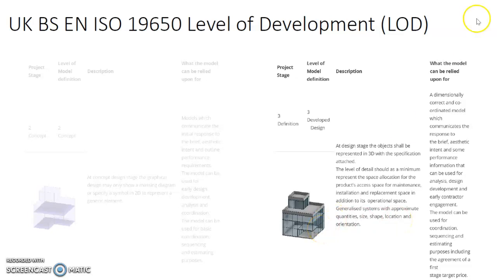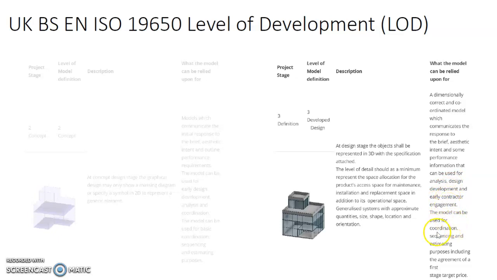So what can the model be used for when you are looking at this LOD 3 under the UK system? Well, it is a dimensionally correct and coordinated model which communicates the response to the brief, aesthetic intent, and some performance information that can be used for analysis, design development, and early contractor engagement.